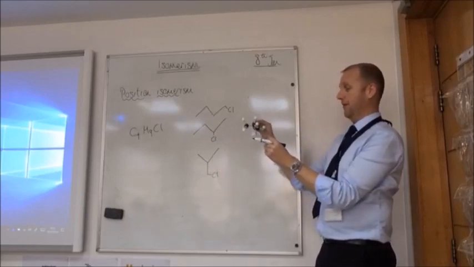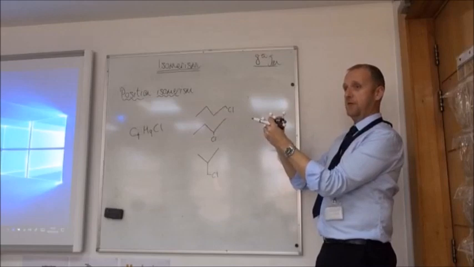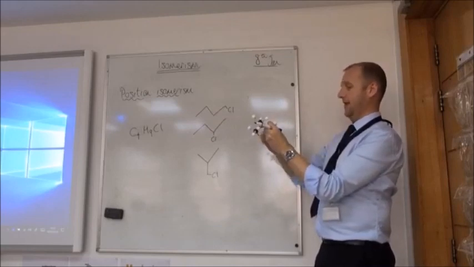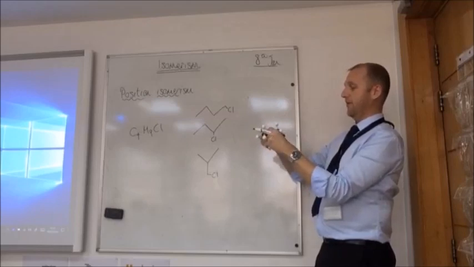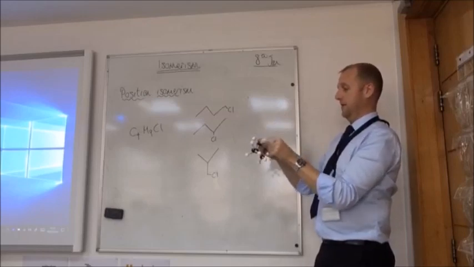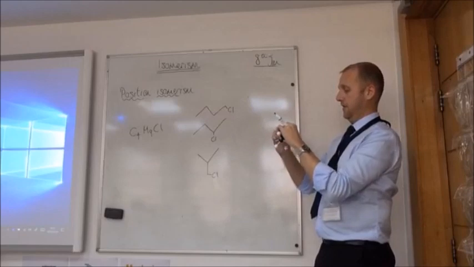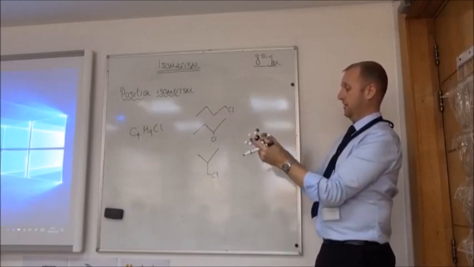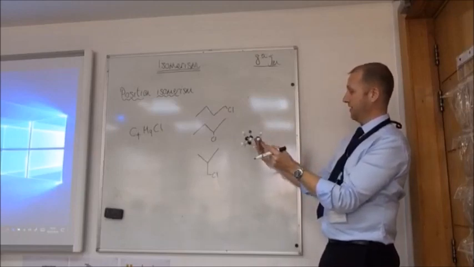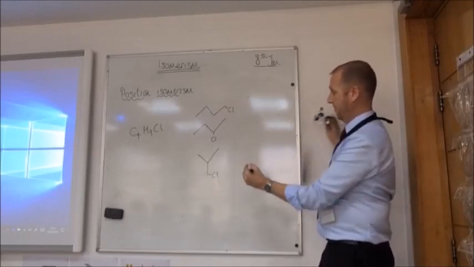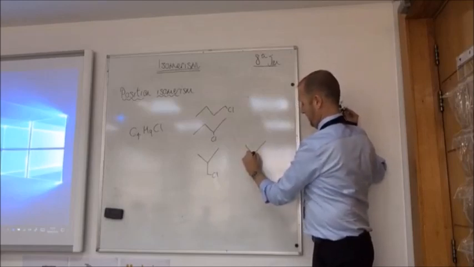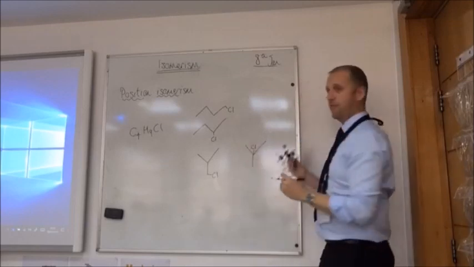Where can I move the chlorine to make it different, James? I can attach it to the one in the center, exactly. Okay, if I swap that round, there we go. Okay, that's now the chlorine on the center carbon atom. So I draw it. If I'm doing skeletal, it would have to be drawn a bit like that.